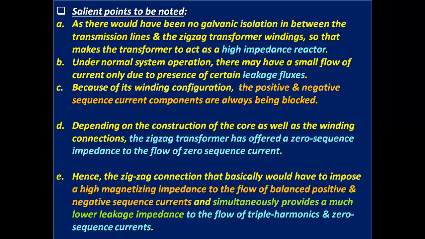B, under normal system operation, there may be a small flow of current only due to the presence of certain leakage fluxes. Number C, because of its winding configuration, the positive and negative sequence current components are always blocked.